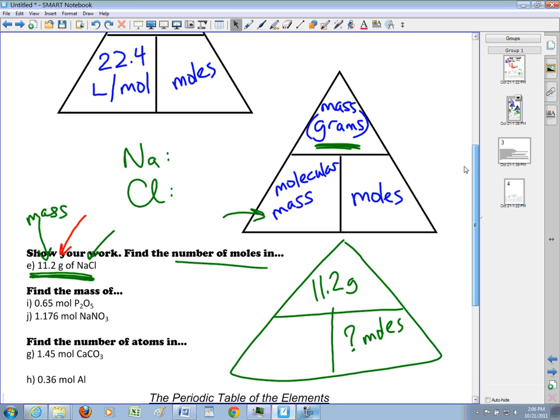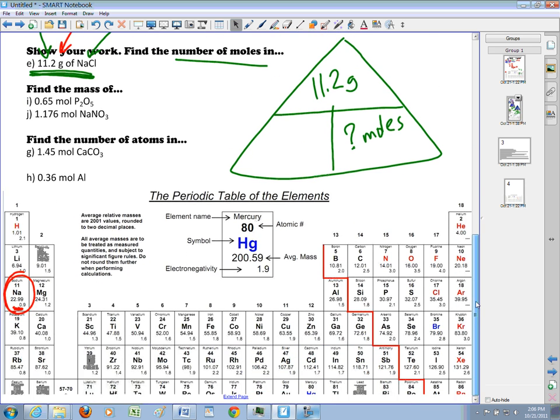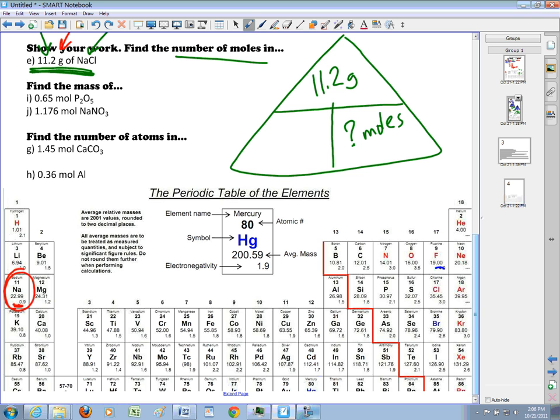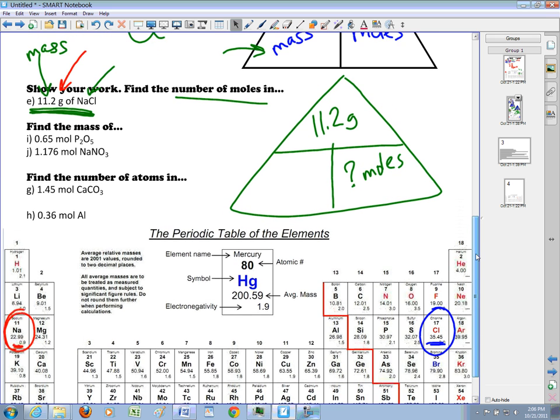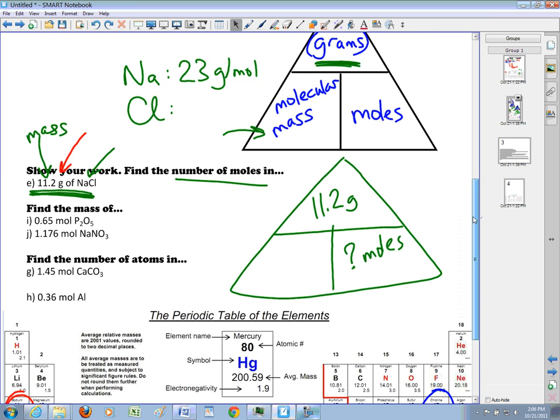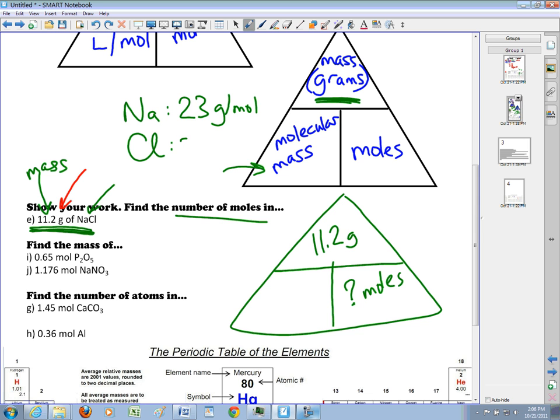I'm going to go back up here and I'll write 23 grams per mole. Sodium. Chlorine is a non-metal. It's over here on the right side of the table. Now chlorine is listed at 35.45. I'm not going to round that one because it's not close to a whole number. 35.45 is pretty much right in the middle between 35 and 36, so grams per mole.